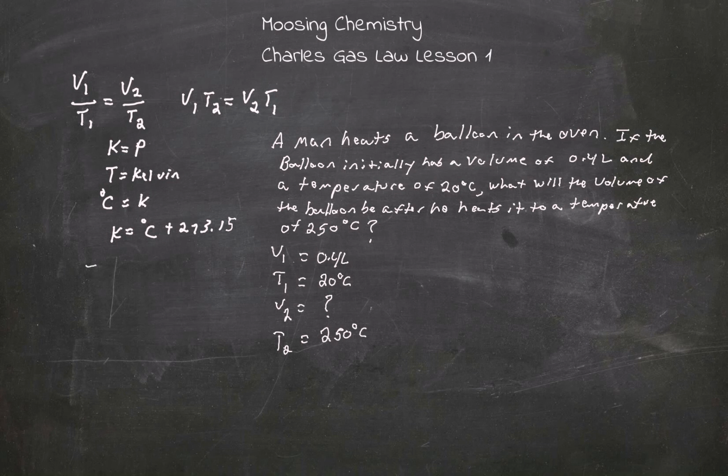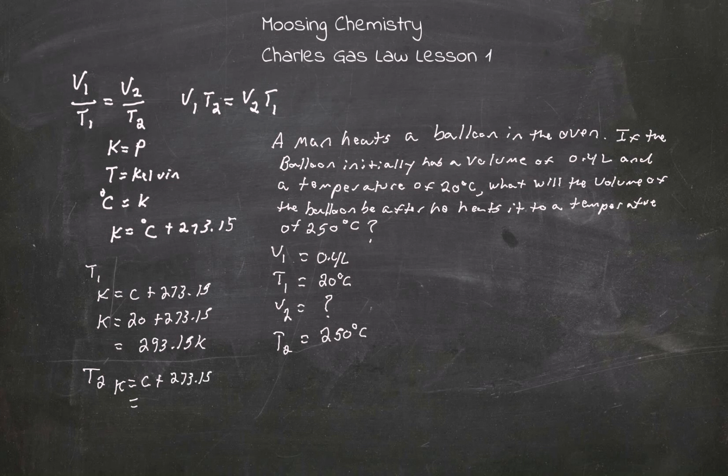So we're going to look at T1. So K equals C plus 273.15. So K equals 20 degrees Celsius plus 273.15. So that tells me that this is 293.15 K. Temperature 2, using the same formula, K equals C plus 273.15.